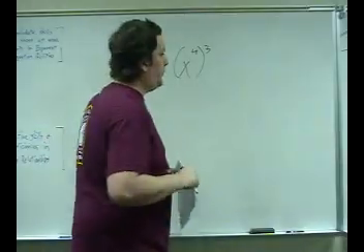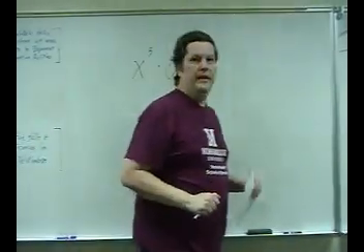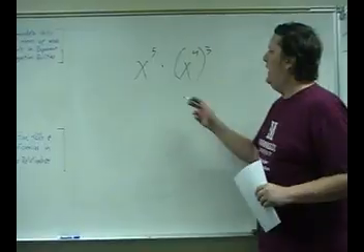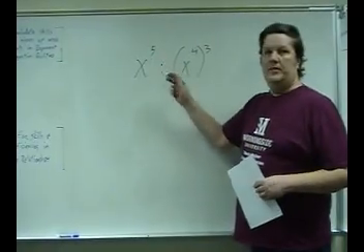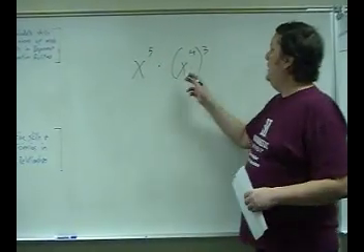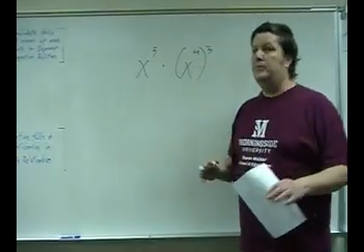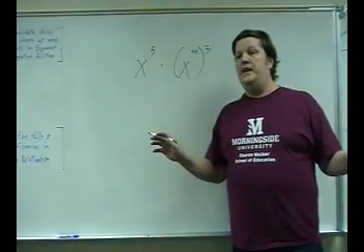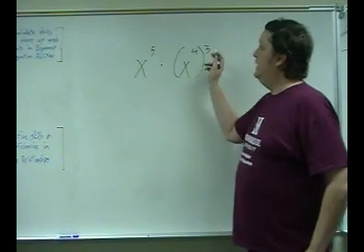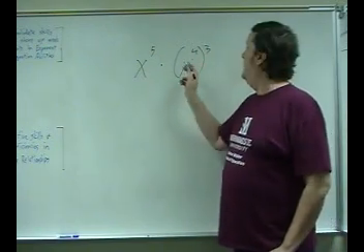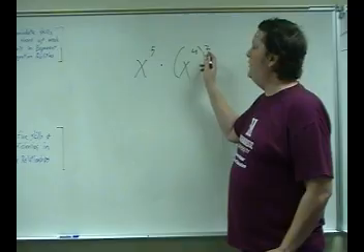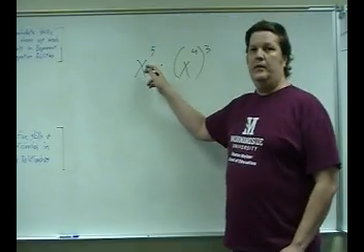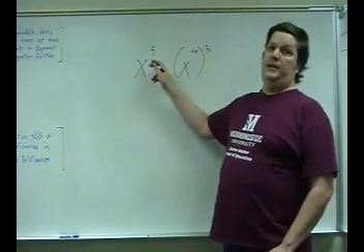All right. This one is a fascinating example because now we've got x to the 5th times, so we're adding exponents, but it's x to the fourth raised to the third power. Oof. So what does that mean? Does this parentheses to the third power affect this term at all? No, it does not.